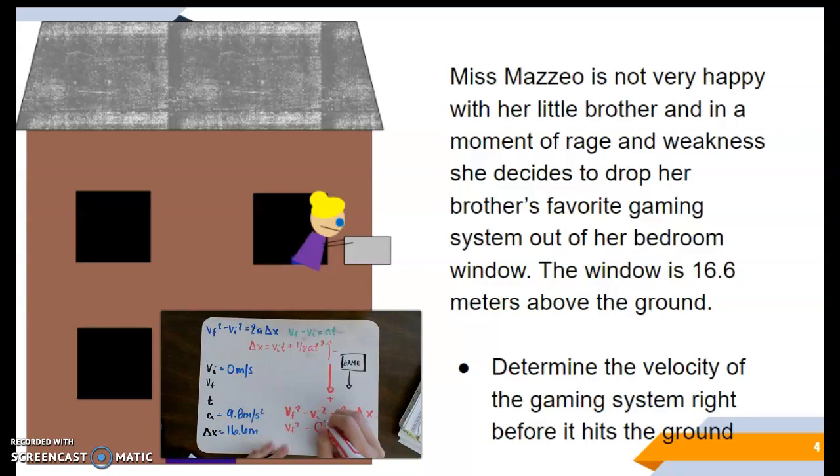I plug in, my initial velocity is 0. My acceleration is 9.8. And my delta X is 16.6.